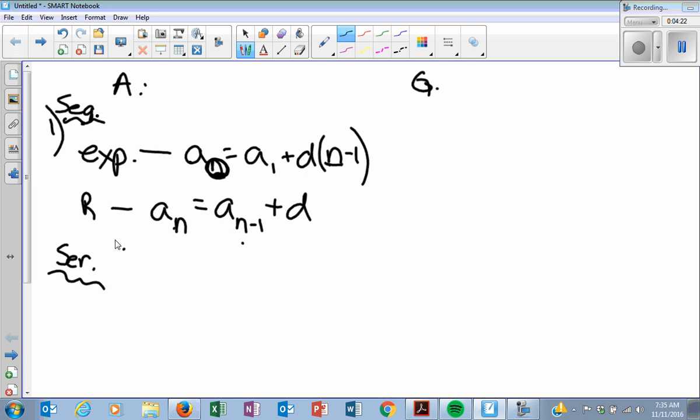What does the series do? A series takes the sequence and adds all of them together to whatever place you want to stop. So it says Sn equals n times quantity A1 plus AN, all divided by 2.